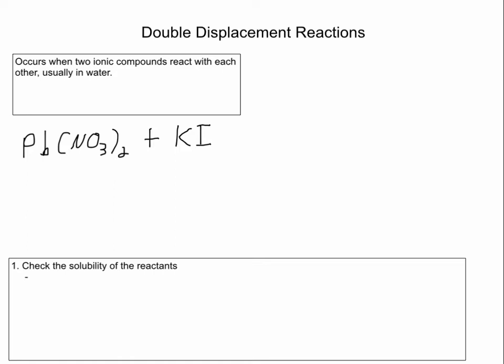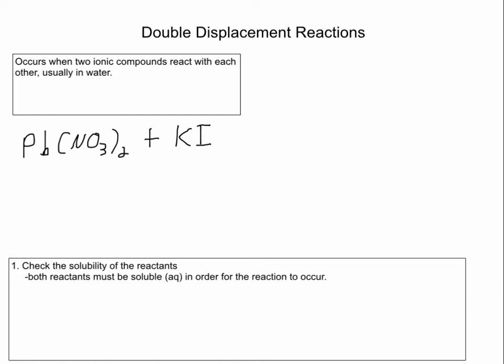What we are looking for is that both reactants must be soluble, which is also aqueous when we're talking about states, in order for the reaction to occur.